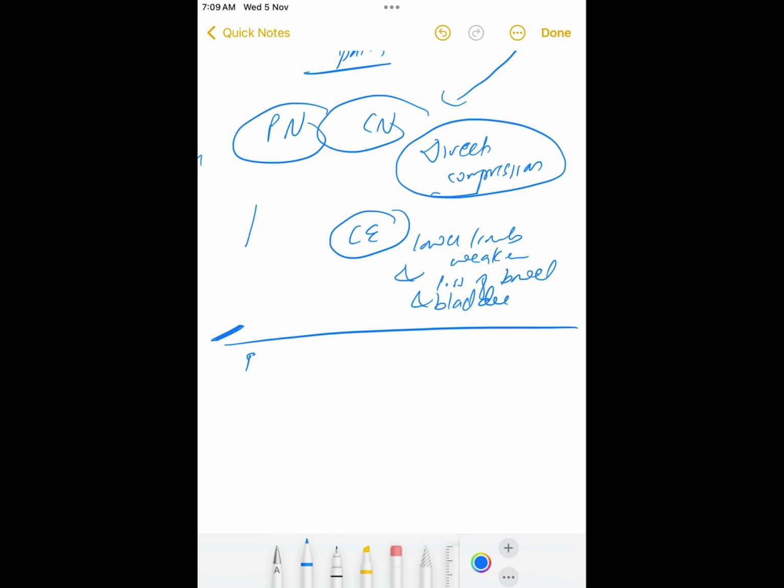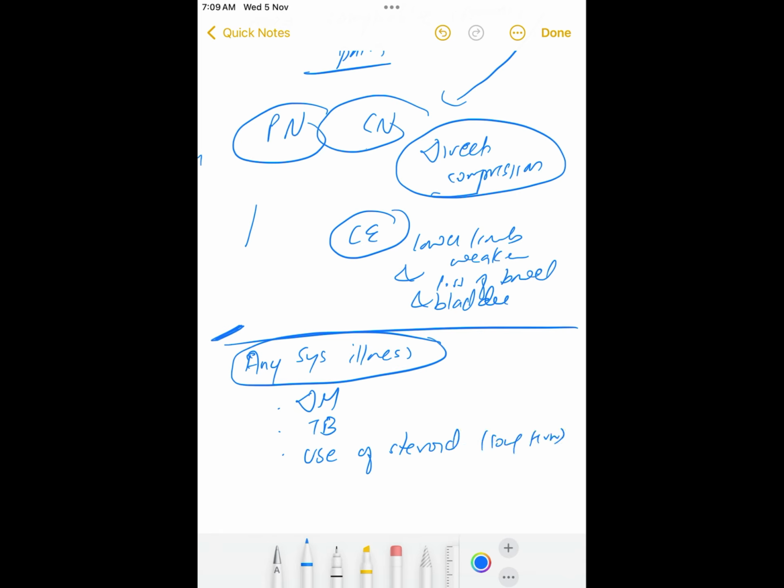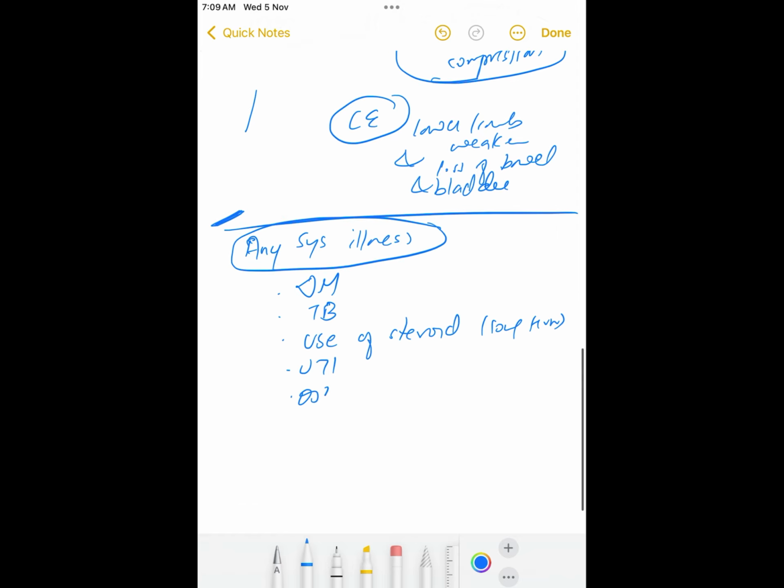Now, the second thing we have to evaluate during evaluation of low back pain is if there is any systemic illness, like diabetes mellitus, tuberculosis, or other conditions like prolonged steroid use, long term steroid use, UTI, or osteoporosis.